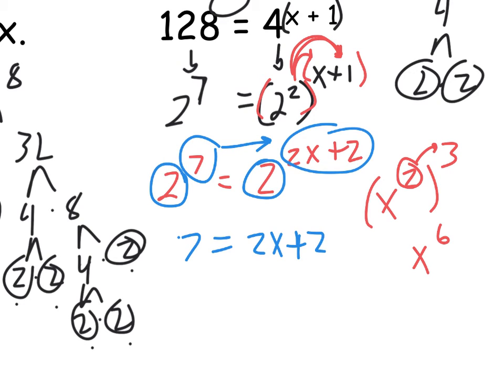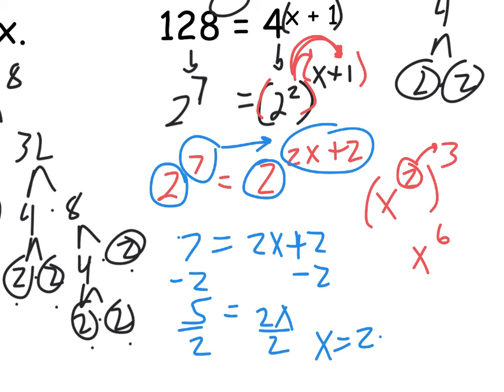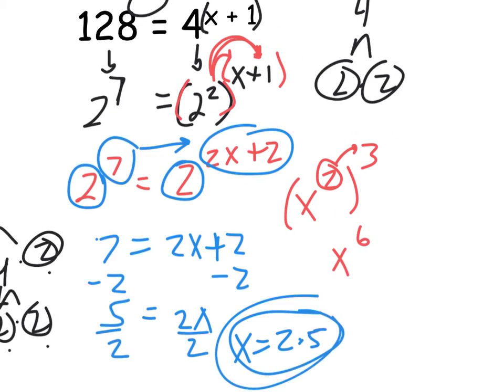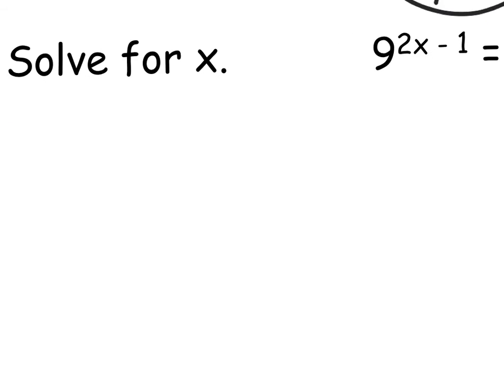So 7 equals 2x plus 2. So I'm going to subtract 2 from both sides, and 2x equals 5. Divide by 2, and x equals 2.5. And there we go. We solved another exponential equation for that variable.